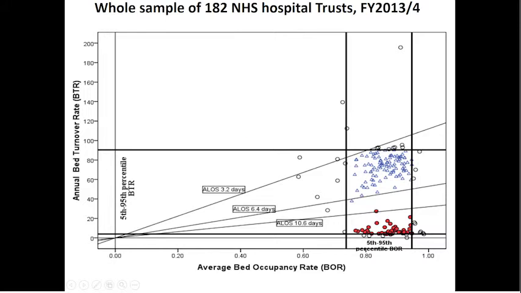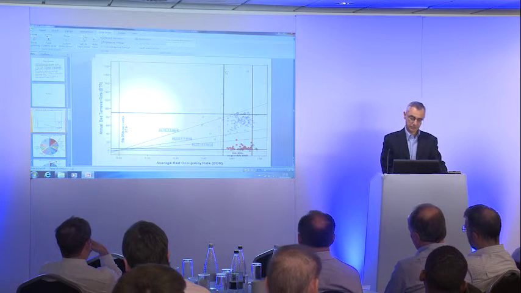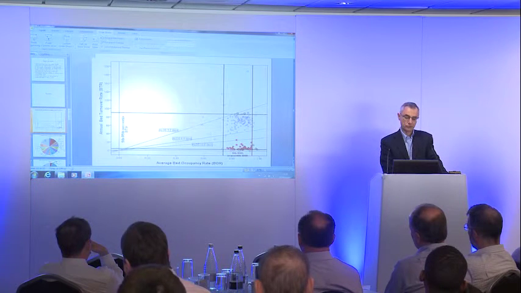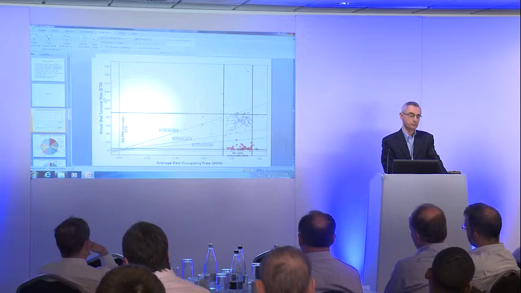The result. What you can see here is that of the over 181 hospitals that were available with the data in 2013 and 14, the Pabon Lasso nicely clustered the hospitals. For example, this is the annual bed turnover rate, the number of patients per bed per year.